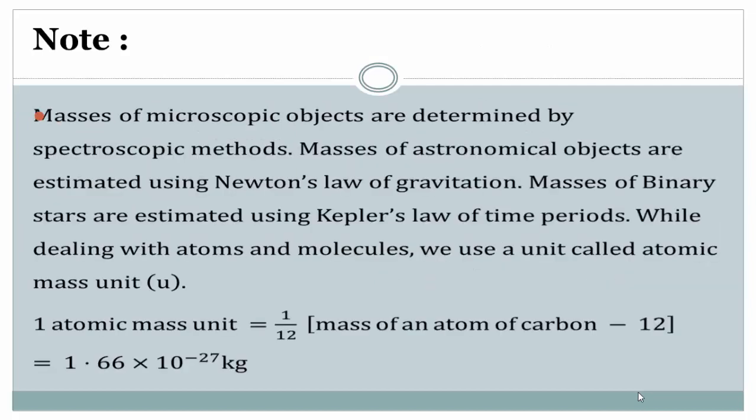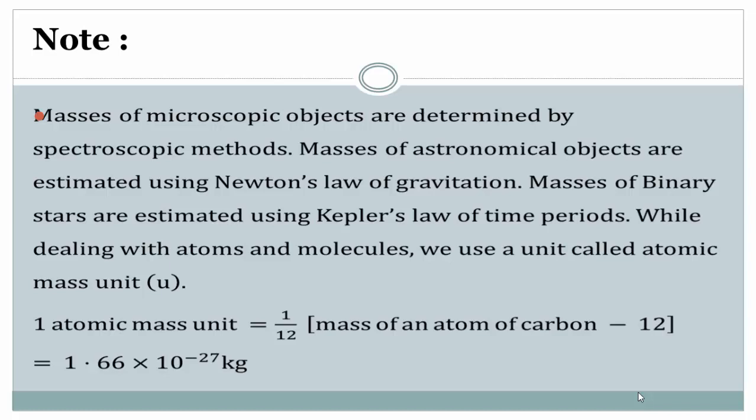Masses of microscopic objects, meaning the objects which are invisible to our eyes, can be determined by spectroscopic methods. The masses of astronomical objects are estimated by Newton's law of gravitation and Kepler's law of time periods.